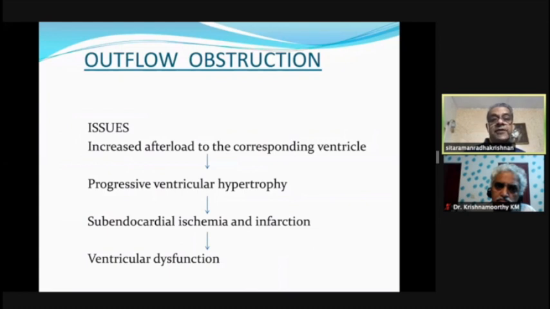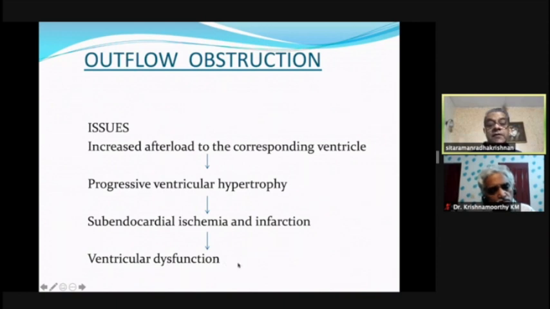Let me give you a brief outline of outflow obstructions now, because they also fall under the category of acyanotic heart disease. The issue surrounding them for untreated significant outflow obstruction is an increased afterload of the corresponding ventricle, the right ventricle or left ventricle, leading to progressive ventricular hypertrophy, then can lead to subendocardial ischemia and infarction.